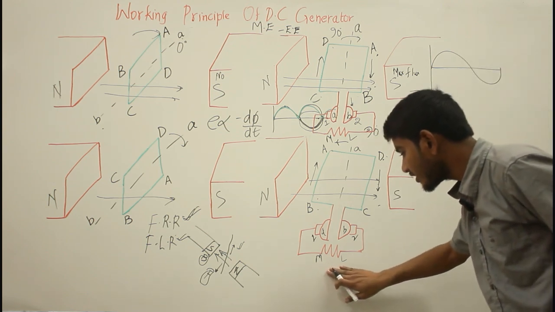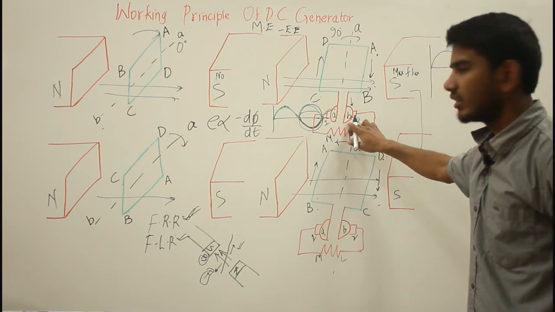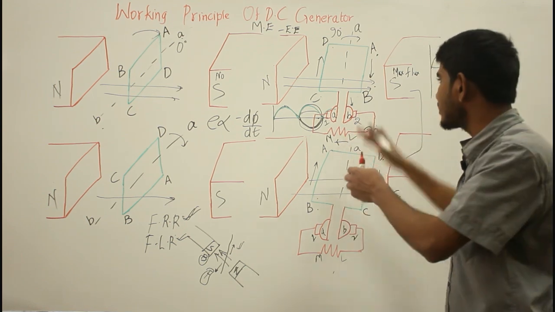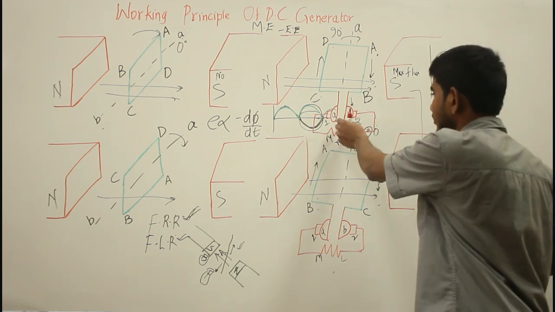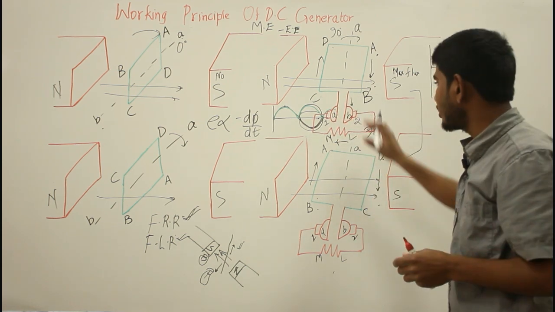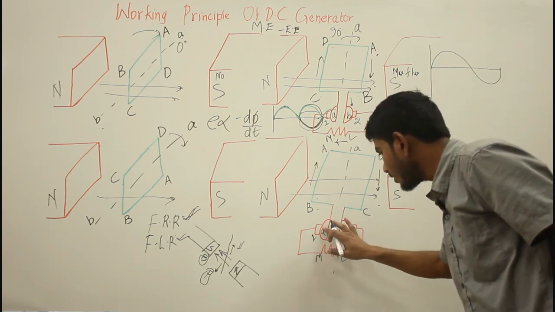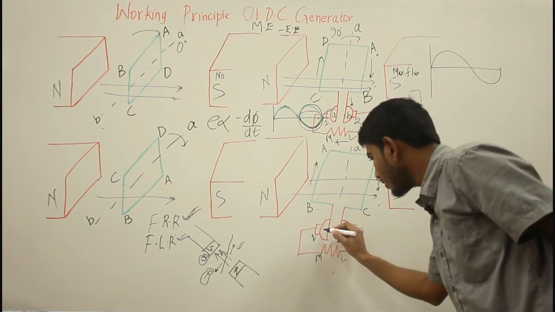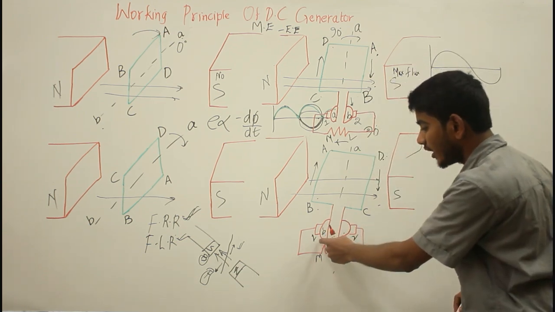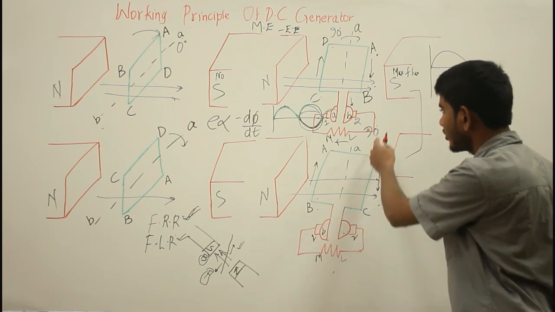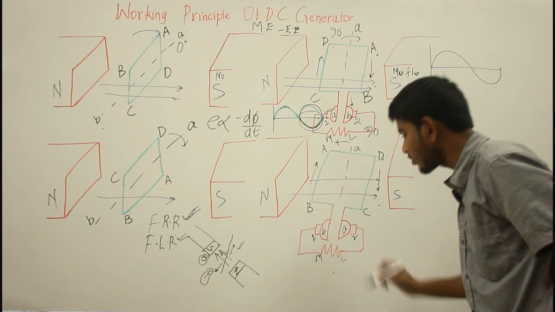But what the commutator segments are doing is, as the armature rotates, the commutator segments rotate along with it. After a 180 degree turn, commutator segment B becomes attached to brush 1, and commutator segment A gets attached to brush 2.